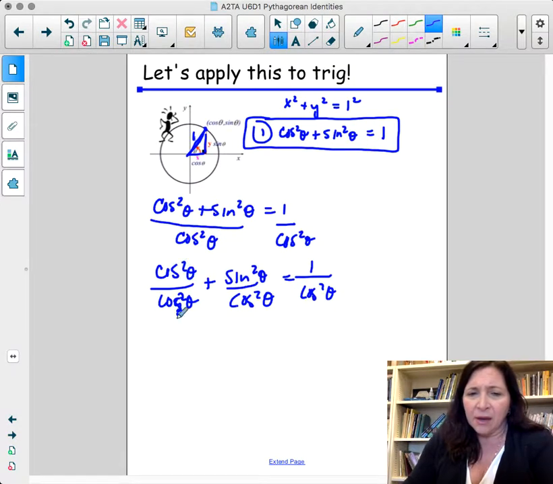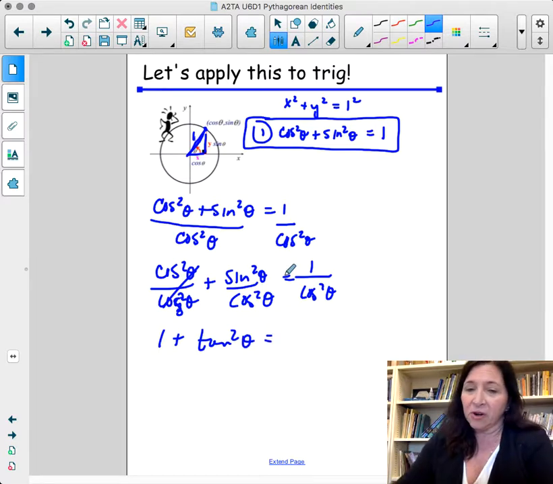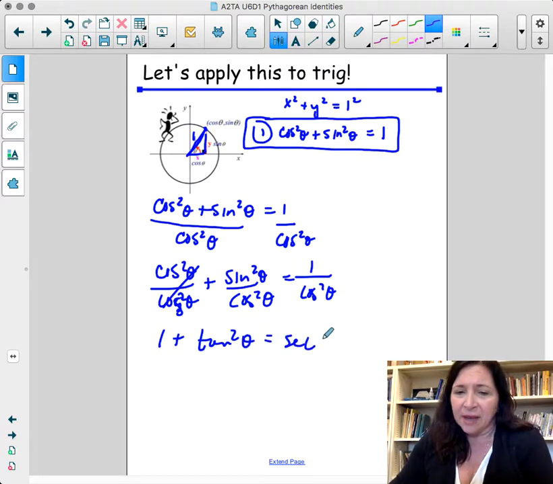Cosine divided by cosine is 1, so that's 1 plus sine divided by cosine, which is tangent, squared is equal to 1 over cosine, which is secant, squared.